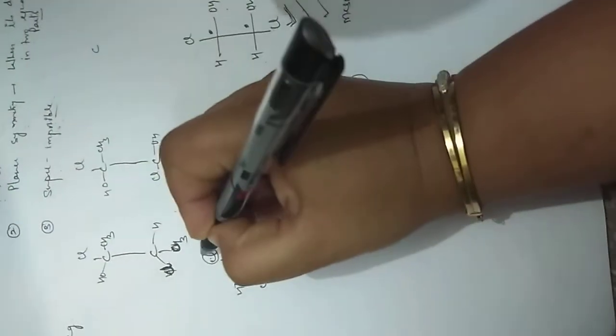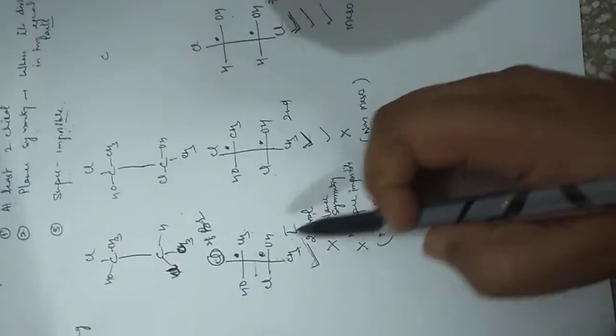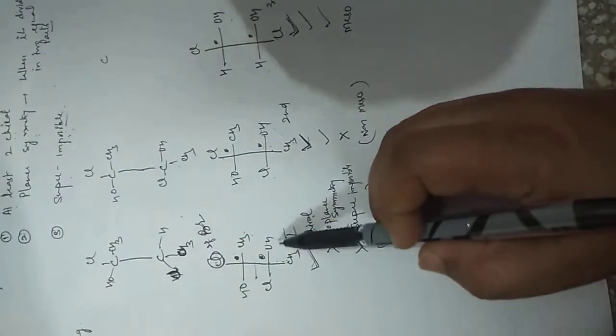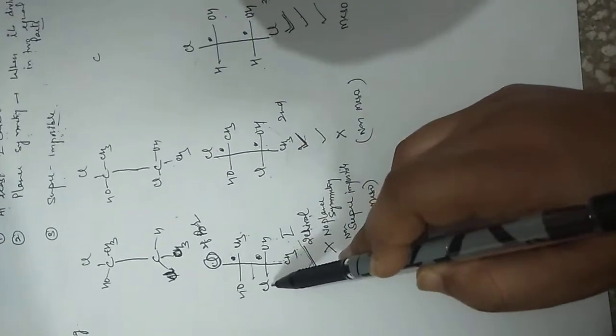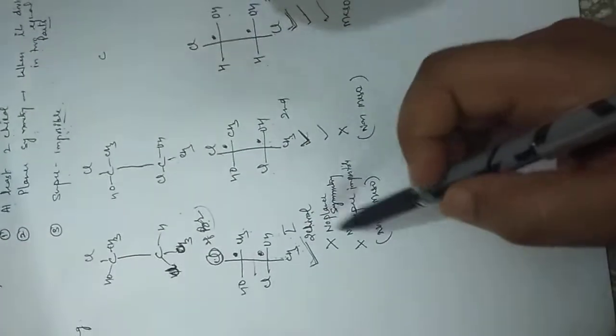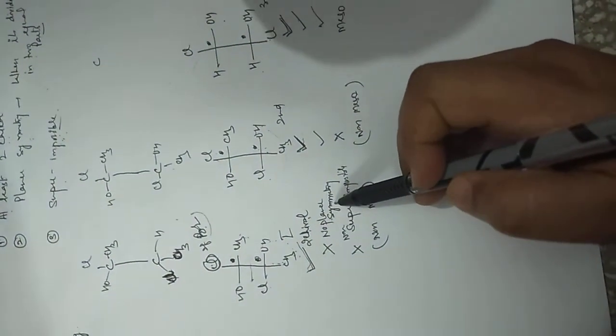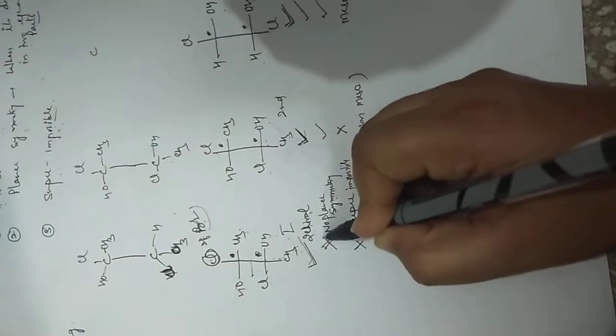If chlorine is replaced with bromine, with OH, CH3, CH3, Cl on the other side, then there is no plane of symmetry.